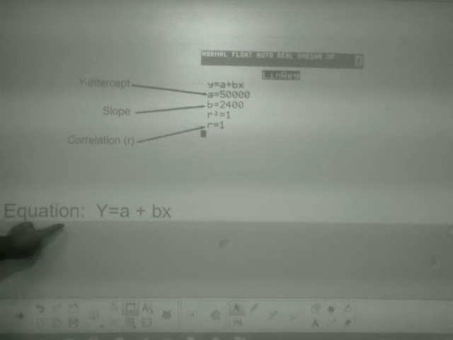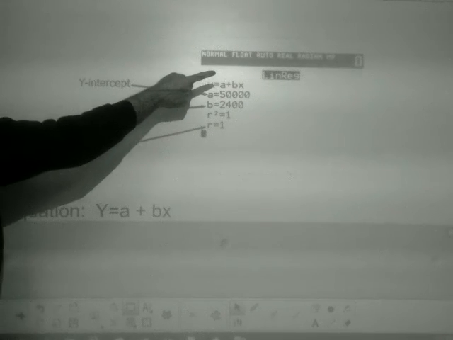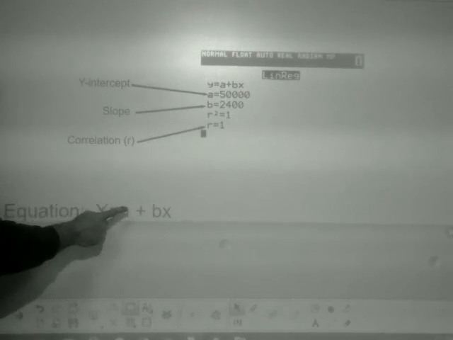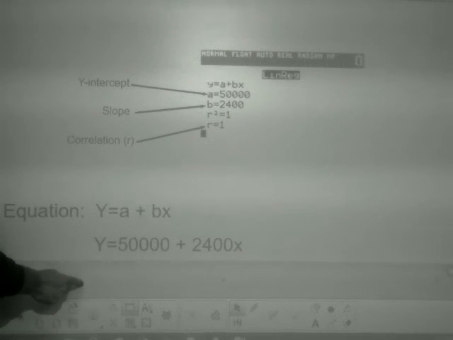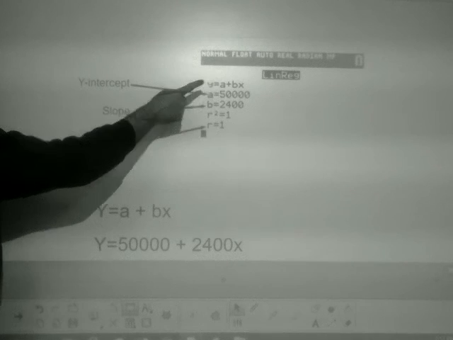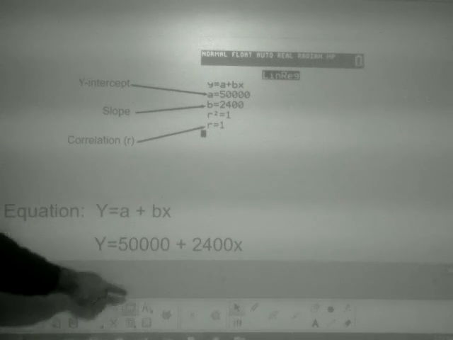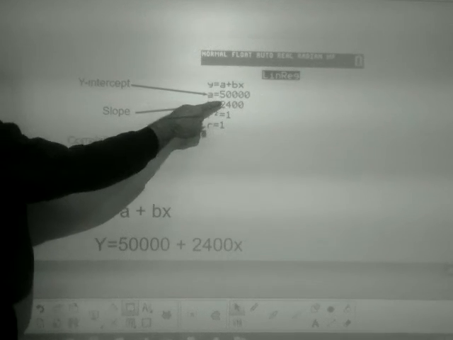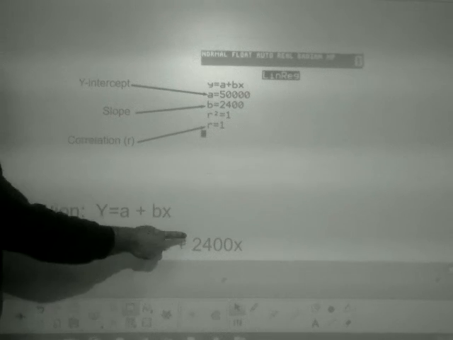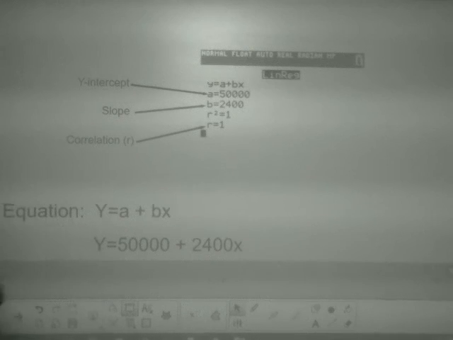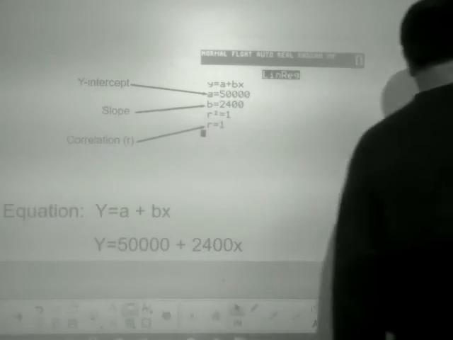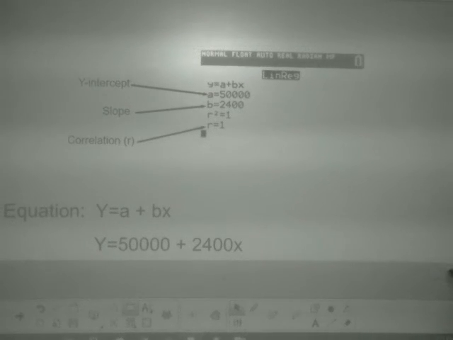Again, the equation is y equals a plus bx. So, y equals a, we just put 50,000 where a is, plus, because this is positive, 2,400, and then the letter x. And that is an equation of the line that best fits that data.